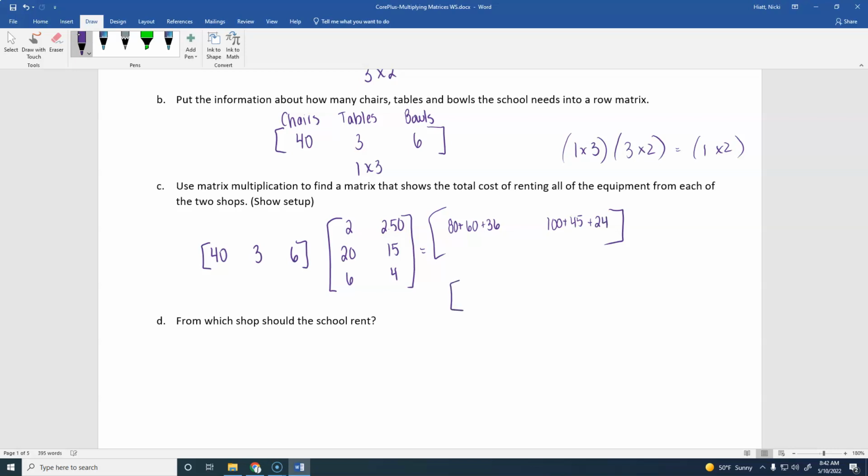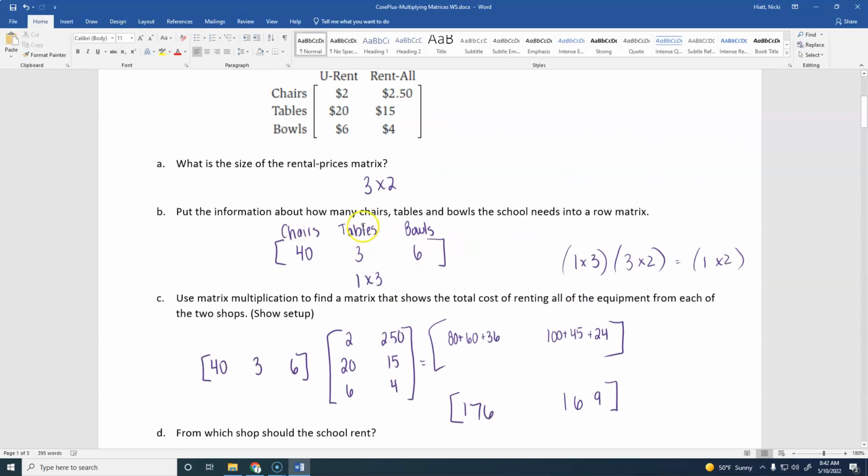And so, if I look at what I've got here, that'll be 140, 176. And right here, I will get 169.